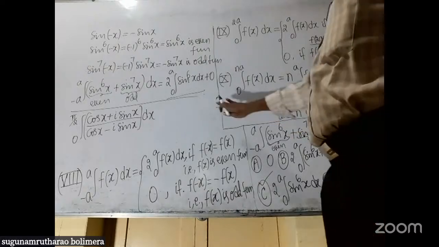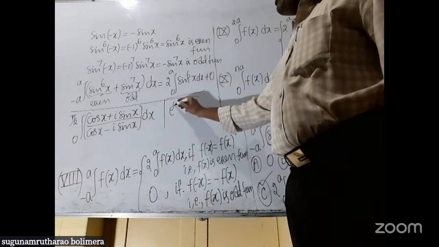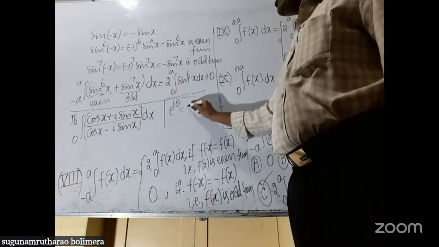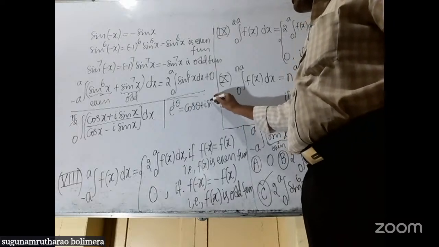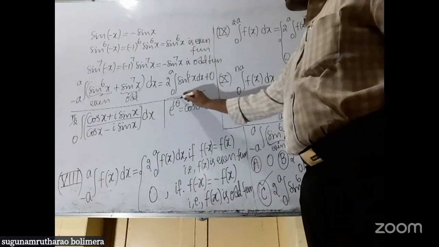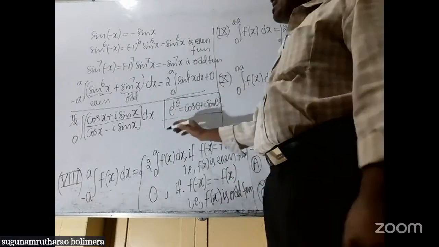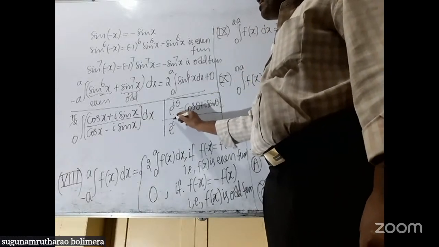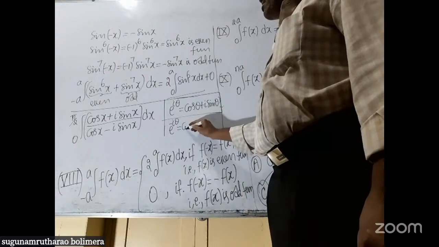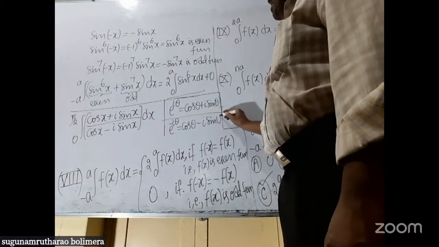You have to remember this one for this. e power i theta equals cos theta plus i sin theta. And this will be e power minus i theta, cos theta minus i sin theta.